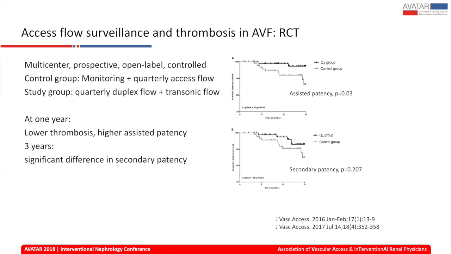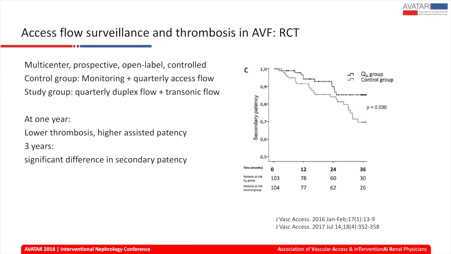Even with this study at 1 year, they showed that the assisted patency, that means after an intervention, how long they keep it open, was good in the study group. But the cumulative or the secondary patency was not significant. And at 3 years, the curve started to open up. Well, the numbers are too small. They were never powered appropriately for this, but this is at least something somebody is doing.